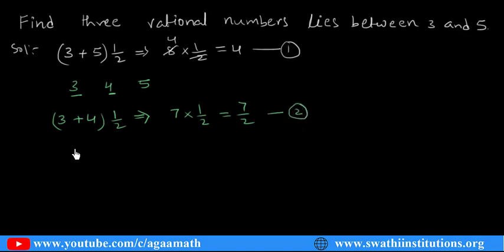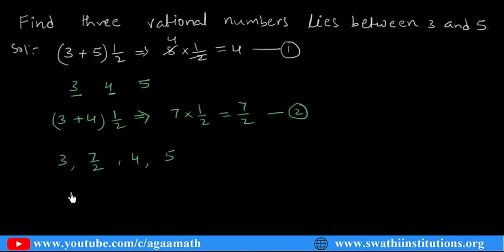So we got 3, 7 by 2, 4, 5. So we got just 2 rational numbers in between 3 and 5. Now let us do one thing. We want 3. So it's your wish whether you consider 3 and 7 by 2, 7 by 2 and 4, or 4 and 5. I consider 4 and 5 now.